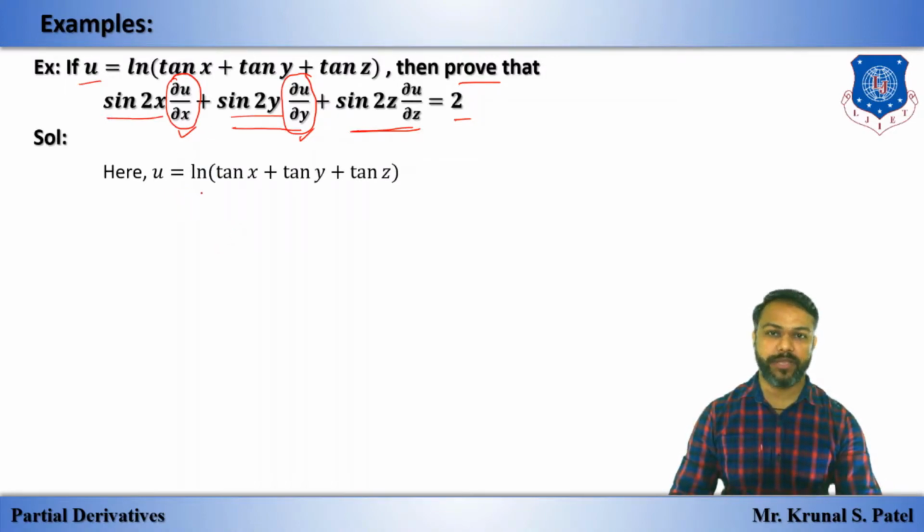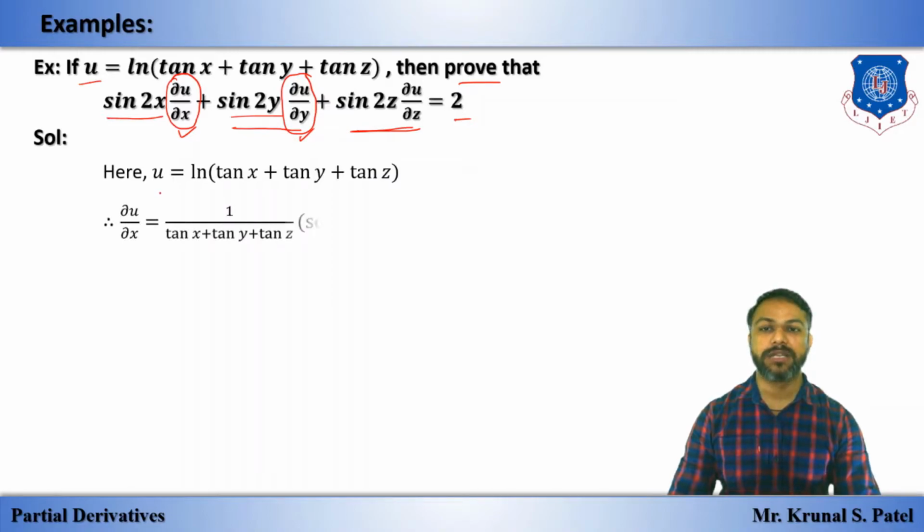First write down u is equal to ln of tan x plus tan y plus tan z. Now first we differentiate partially with respect to x. So differentiation of u is del u by del x, and differentiation of log is 1 upon this entire function.